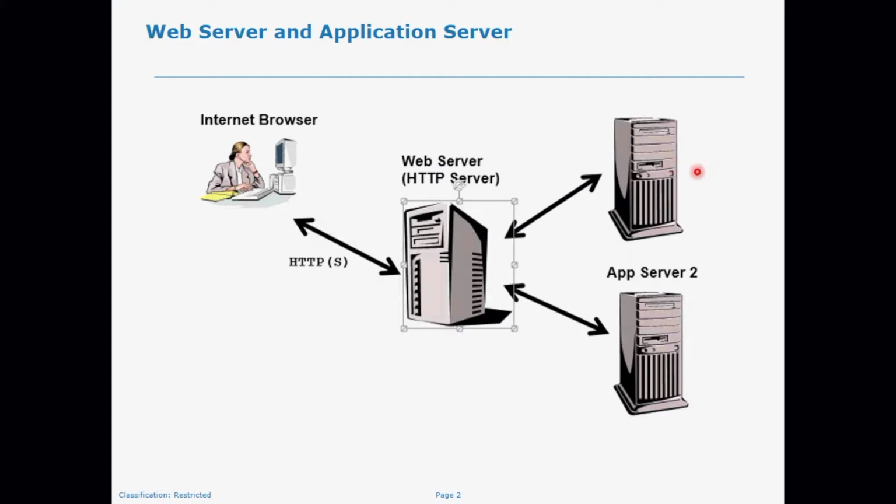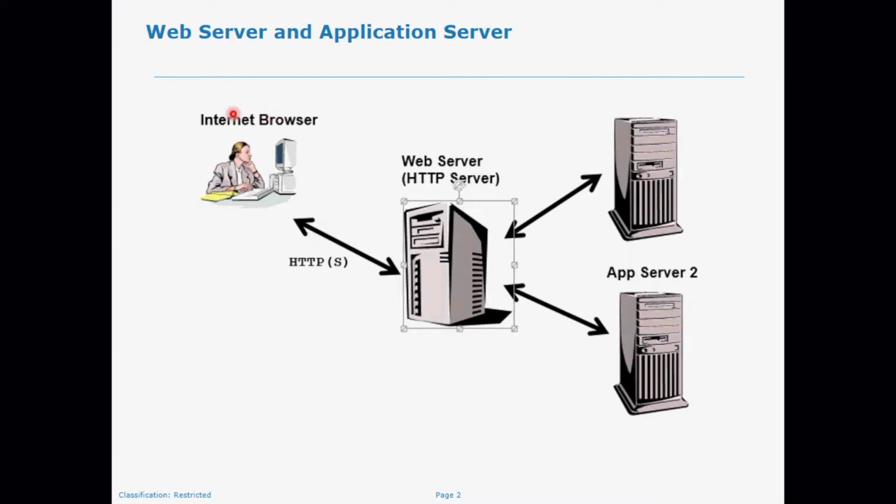Your application server could interact with the database to pick the appropriate files, or it could also interact with a file server to retrieve the files that are stored on the file server. It could also interact with other systems within the organization, so it could also be connected to the intranet. That is the whole flow of your web application and a very high level overview of the web application architecture.